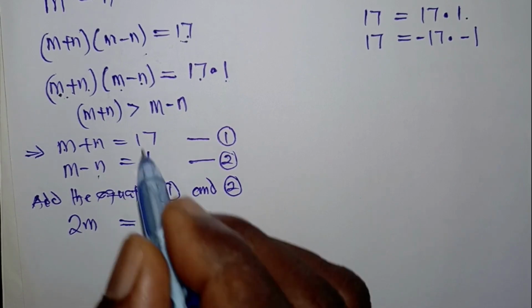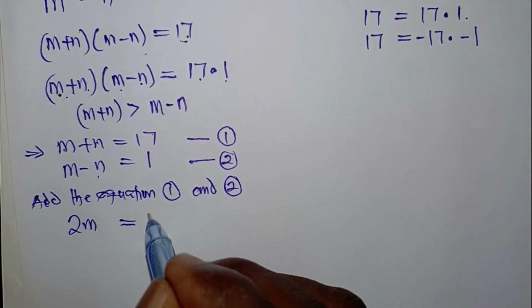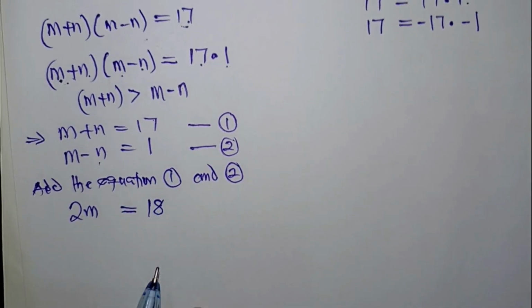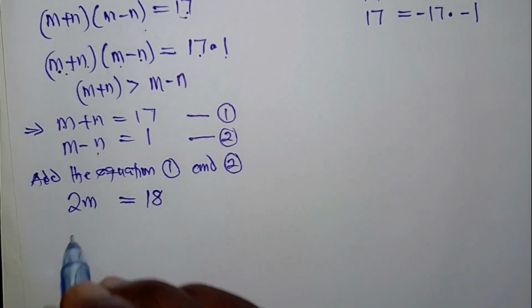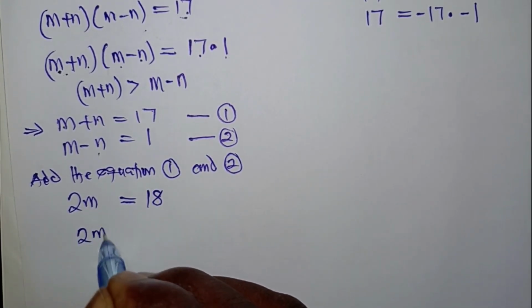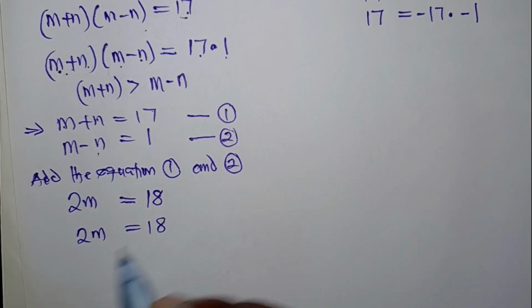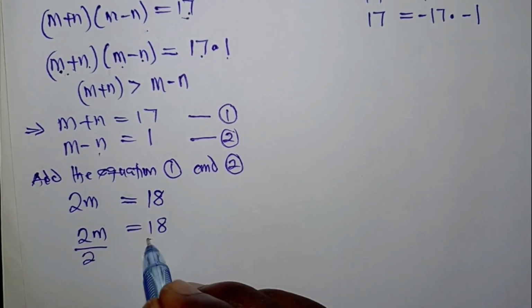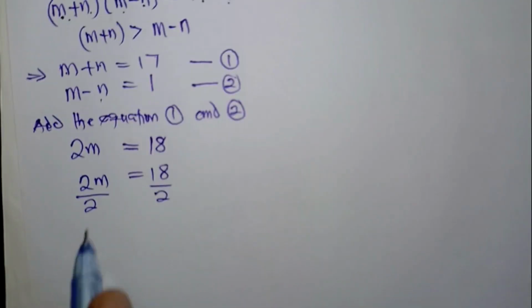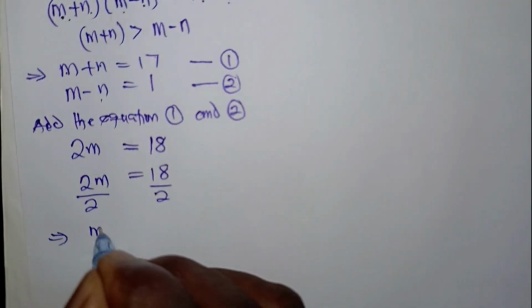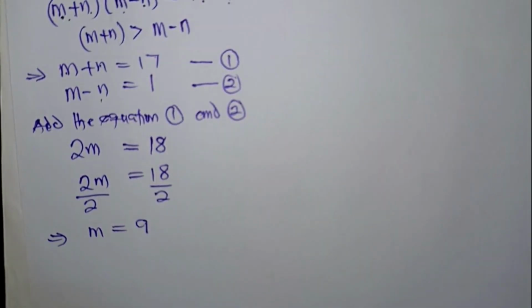So we have 17 plus 1, which gives us 18. So we can solve for m by taking 2m equals 18. Divide both sides by 2. Then we have m equals 9.